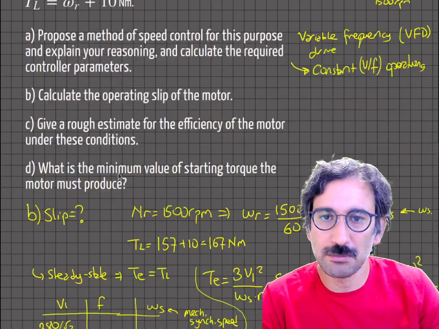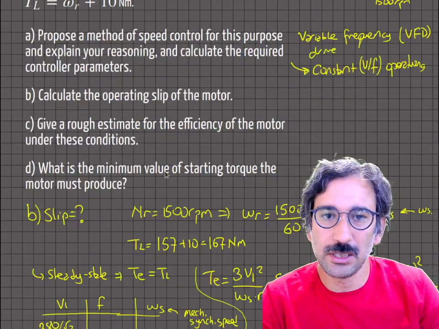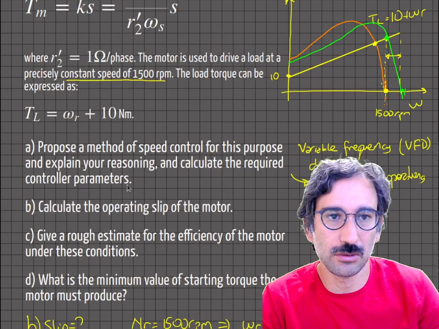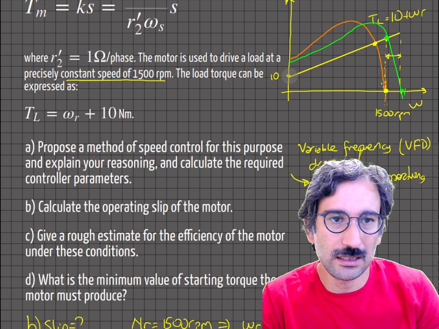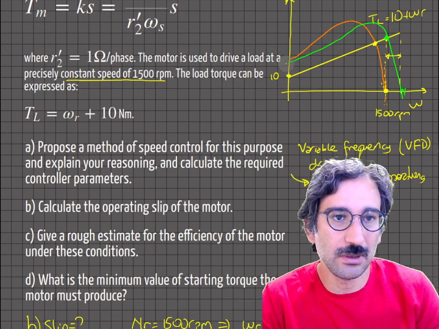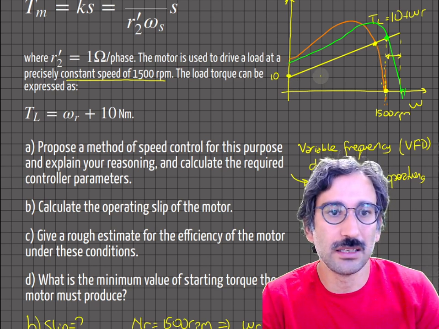In the next part, what is the minimum value of the starting torque the motor must produce? It is that amount of torque I need to give. I need to produce a larger torque than that one, so I can start my machine.